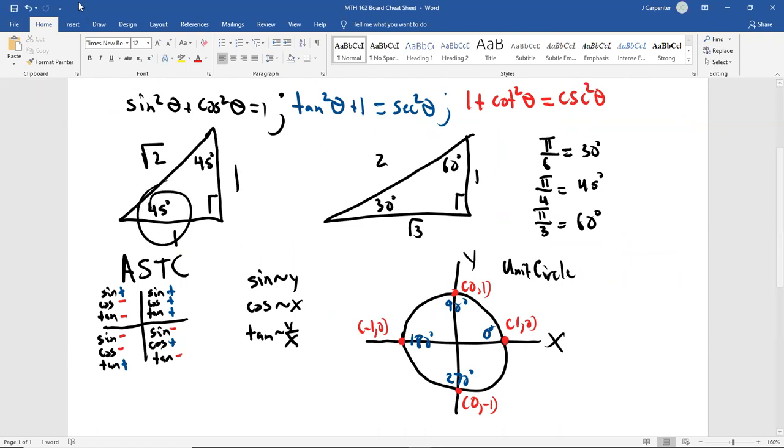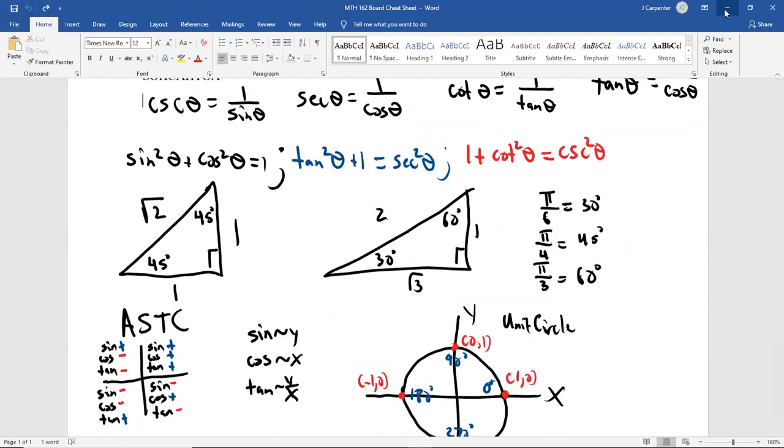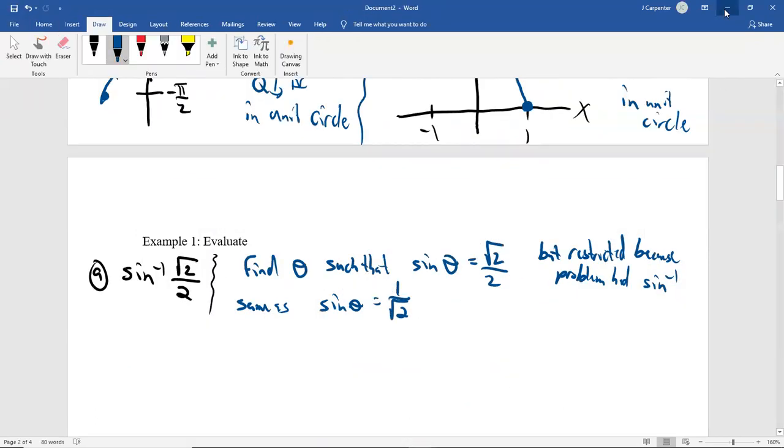So the angle is 45 degrees, but we're going to keep everything in radians for this. It's another issue. With inverse trig functions, these need to be in radians. You are not supposed to use degrees for inverse trig functions. I do believe my math lab will mark that wrong. So theta would be pi over 4.